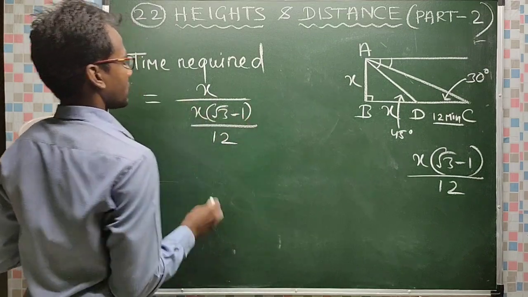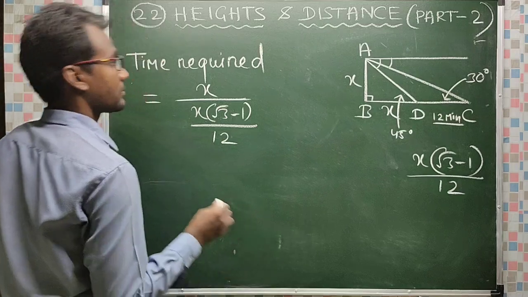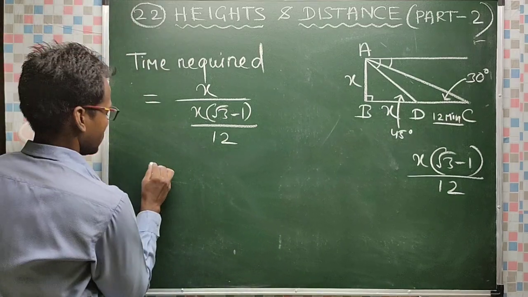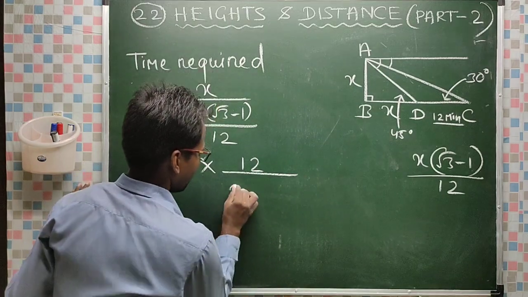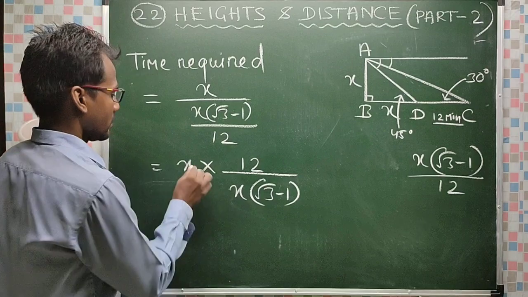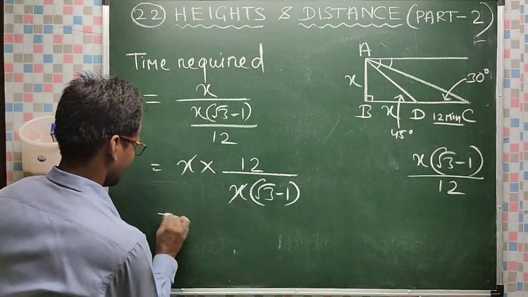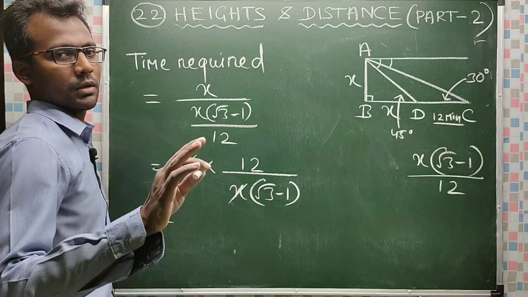So this is distance, this is speed. We can get the time. So x into 12 by x whole root 3 minus 1. X cancels. So this is the time, 12 by root 3 minus 1 minutes.